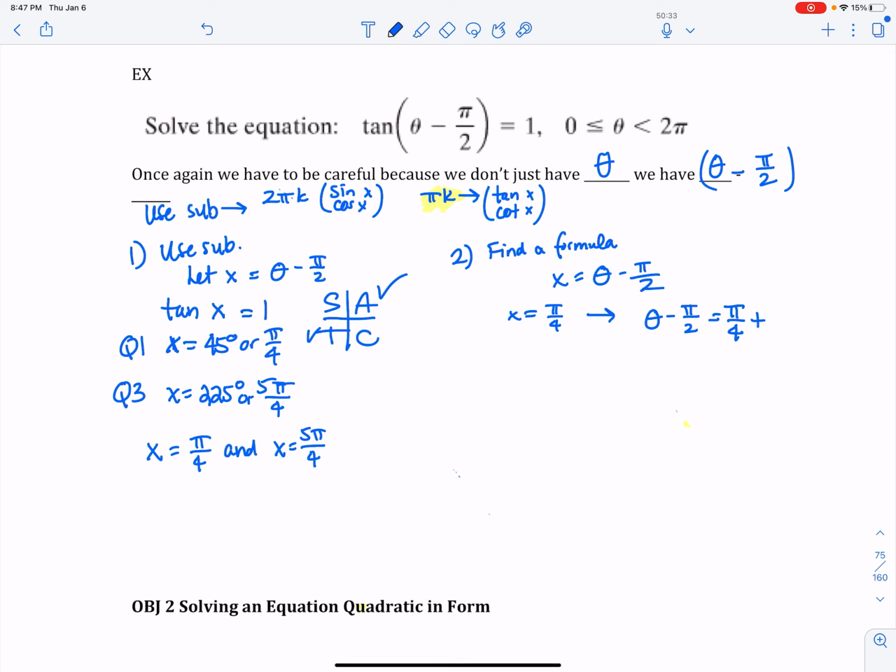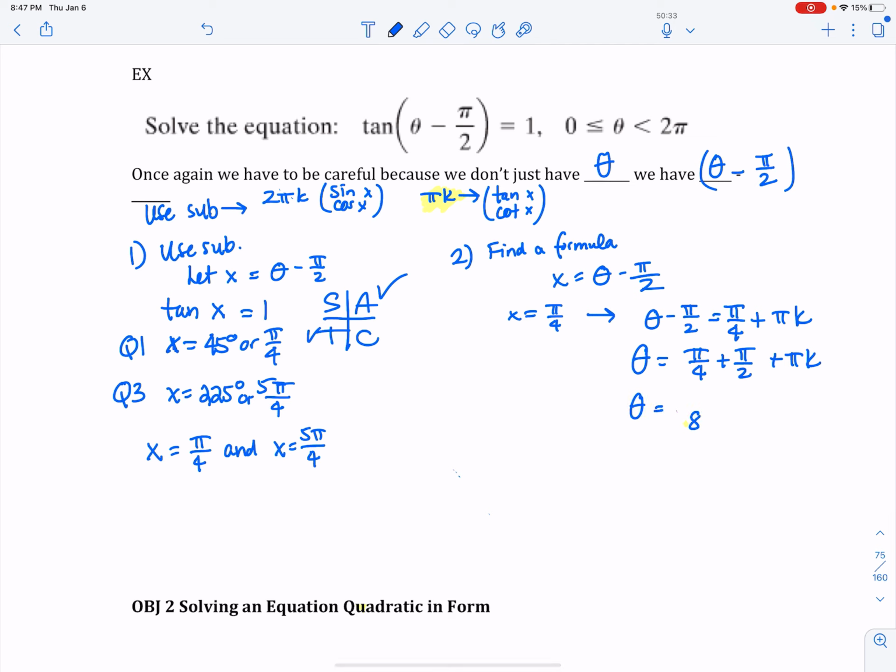Now remember, I'm trying to find a formula, so I'm going to tack on pi k. So now I have to get theta by itself. So theta equals pi over 4 plus pi over 2 plus pi k.